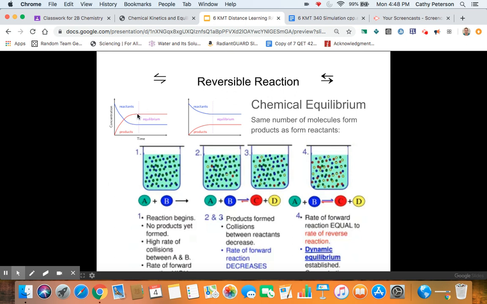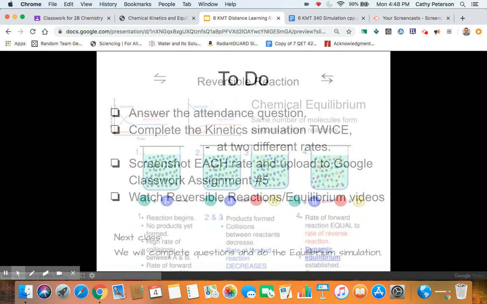Even though it looks like it's at a status quo, that it's kind of leveled out, whether there's more products or more reactants depends on the conditions for the equilibrium, as we'll see in Le Chatelier's principle. But even though they've leveled out, I want you to realize that it's a dynamic equilibrium. It just means the same number are going forward as going backwards.